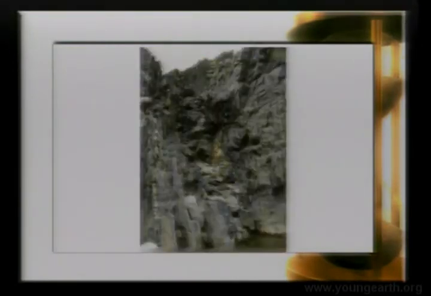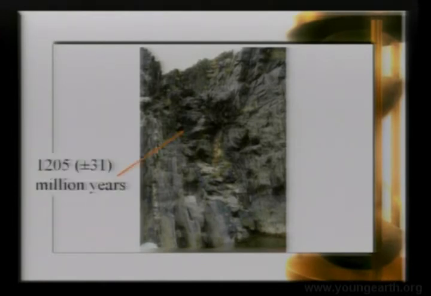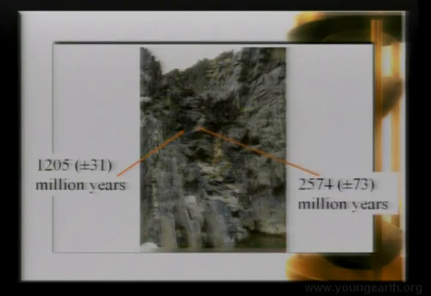Here's the outcrop, and we're looking at that dark rock in the middle of that gully. One sample gave an age of 1,205 million years, just over 2 feet away, in the same outcrop, in the same original basalt lava flow, an age of 2,574 million years.